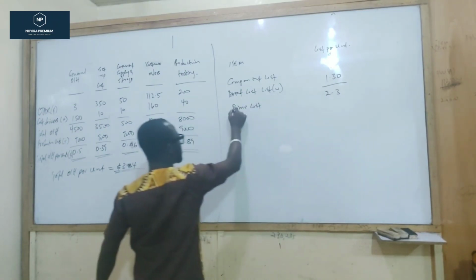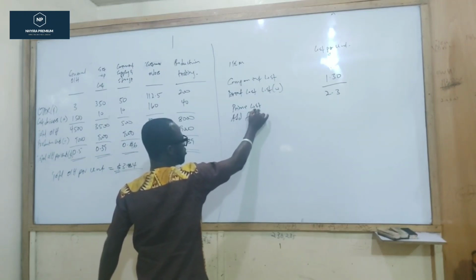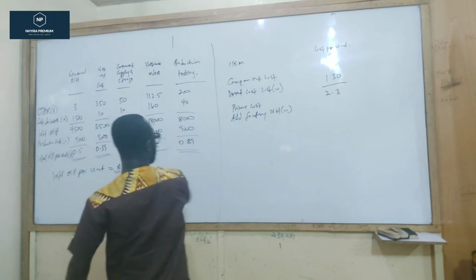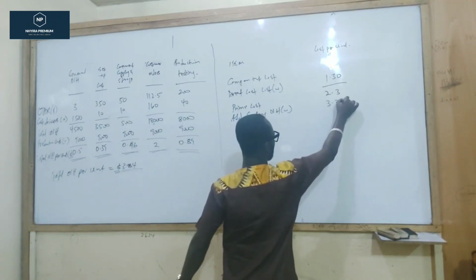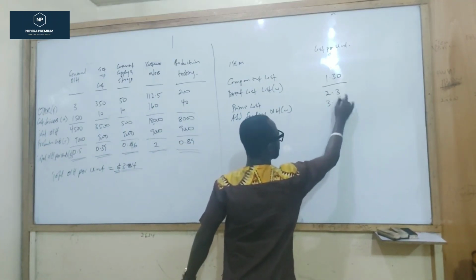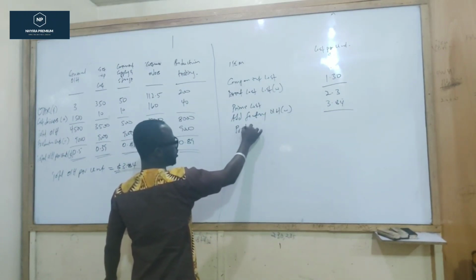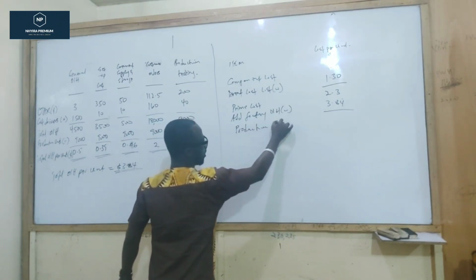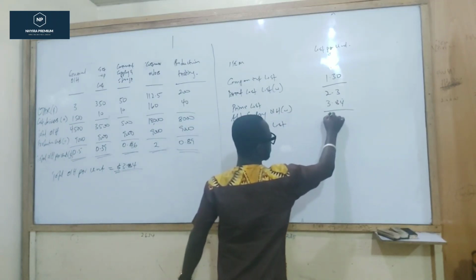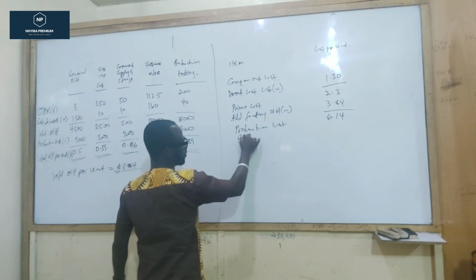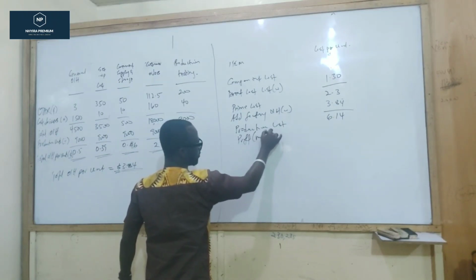Then we add factory overheads, and we did the workings for that. 3. And that gives us the production cost per unit. How much? 6.14. Then we add the profit margin, or its markup.